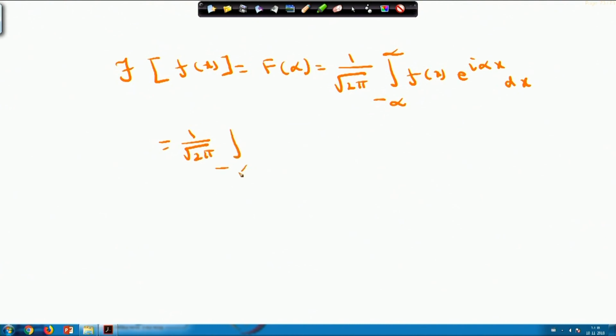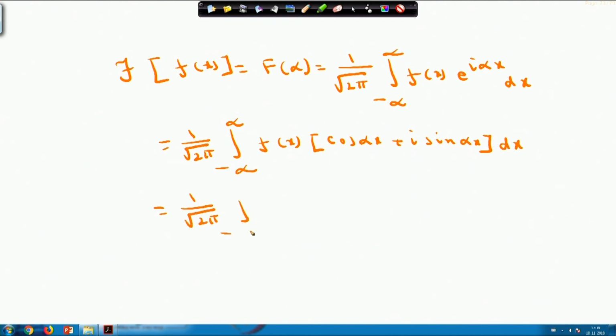So you can write minus infinity to infinity f x into cos of alpha x plus i sine of alpha x dx. If I write it separately, 1 by root 2 pi, minus infinity to infinity, f x cos alpha x dx, plus i by root over 2 pi, minus infinity to infinity, f x sin alpha x dx.